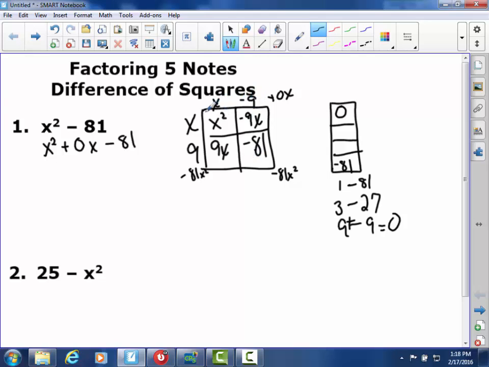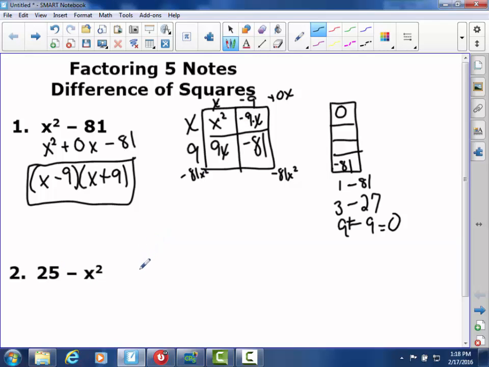So I multiply those together. x times x gives me x squared, negative 9 times x gives me negative 9x, x times 9 gives me 9x, and negative 9 times positive 9 is negative 81. So what that tells me is the factors here would be x minus 9 and x plus 9. Now, that's just using the same formula that we've been doing.